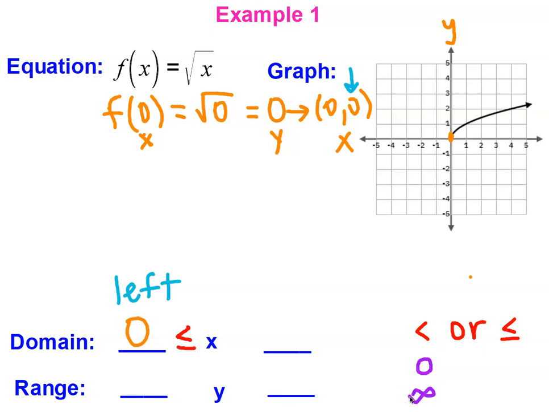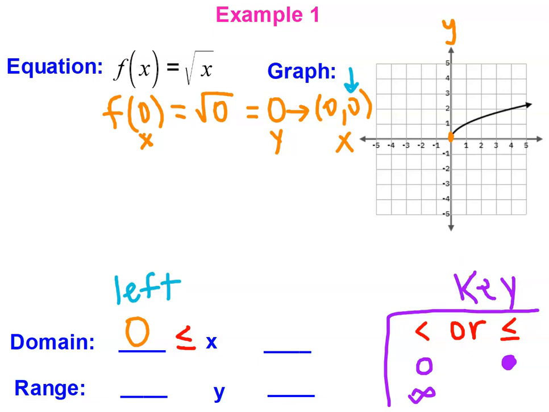If you use a less than or equal to sign, you're going to have a closed circle on the graph. That means that the function value exists there. For the given input, there exists an output. So it all depends on the graph. You can use this down here as a little key, which will help when we also do the range.